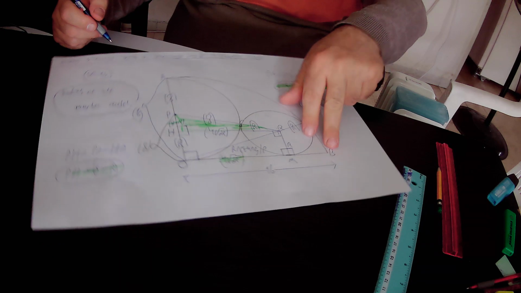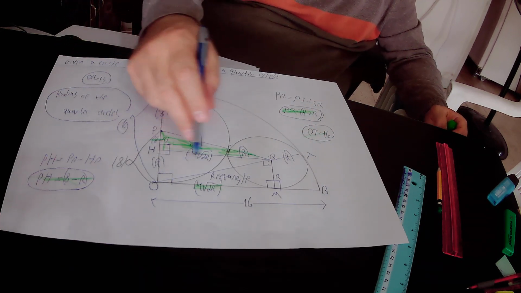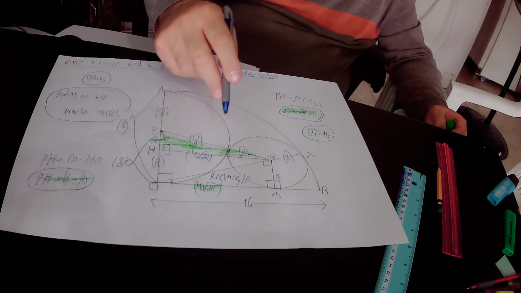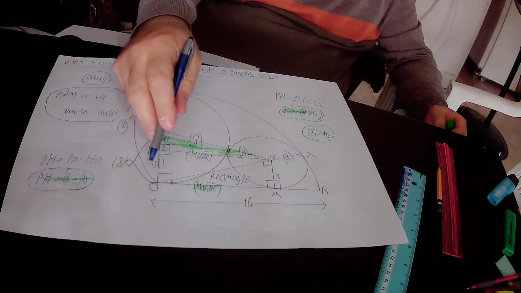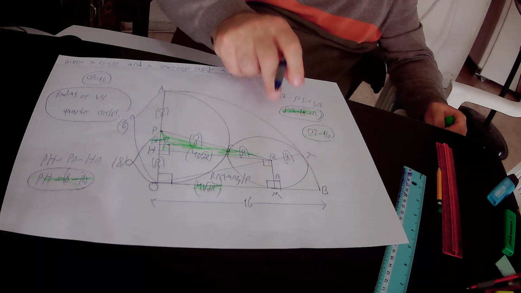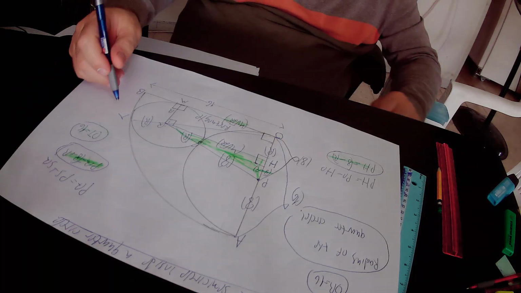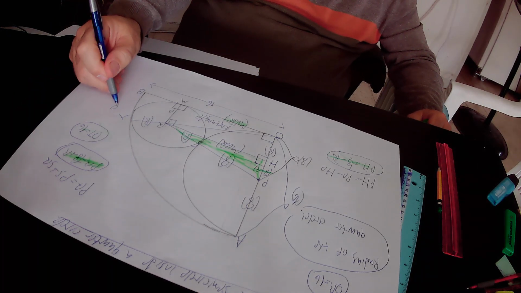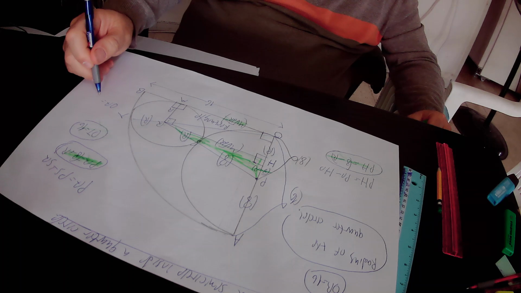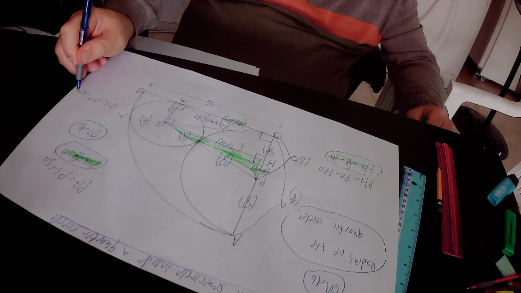And because, according to rule 9, OQT is one straight line, it means that OQ must be equal to OT minus QT. So I write it down. According to rule 9, OQ must be equal to OT minus QT.